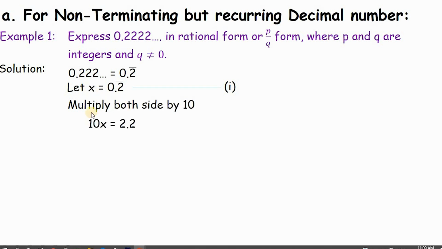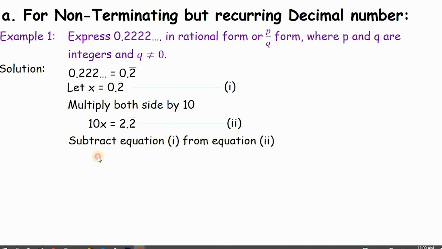So you get 10x equal to 2.2 bar, and we name this equation 2. Now in the first and the second equation you'll notice that the numbers after the decimal point are exactly the same. Here we have 2 bar, and here again 2 bar. So when you subtract, the numbers after the point become 0. So we'll subtract equation 1 from equation 2.